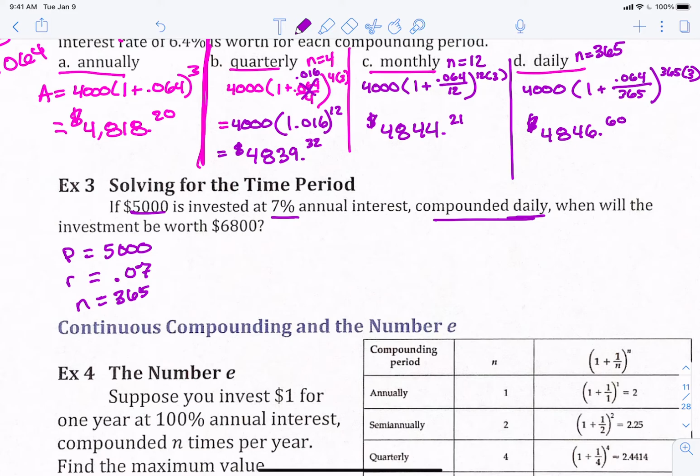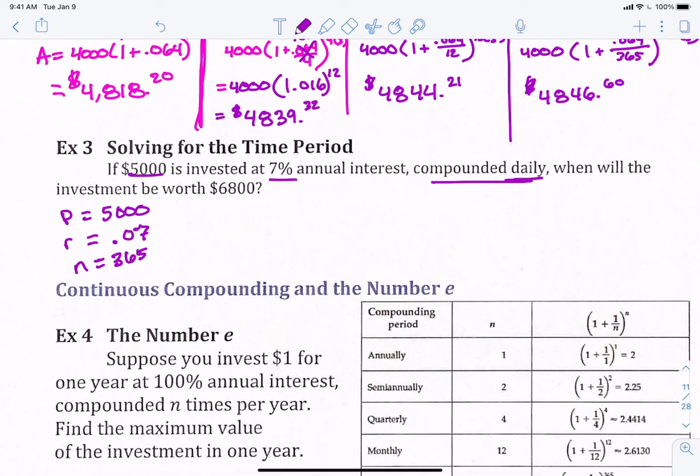Okay, other information? When will the investment be worth 6,800? So what are we solving for? What variable tells me when? T. We're trying to solve for T, right? What is A then? That's the 6,800, right?